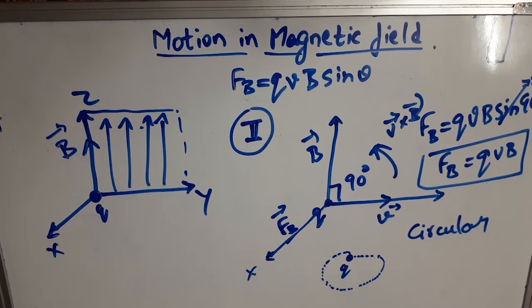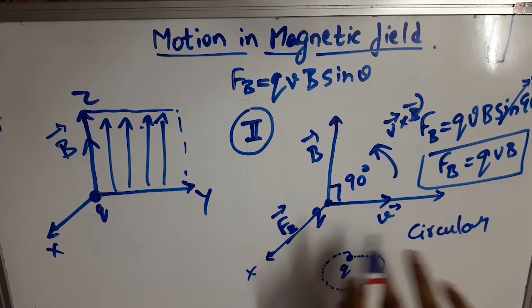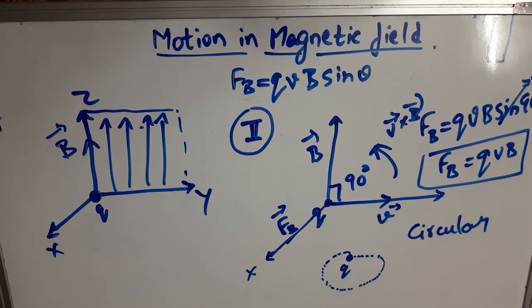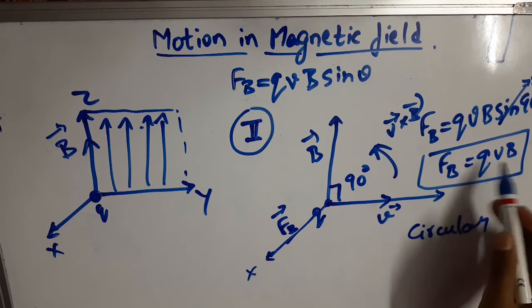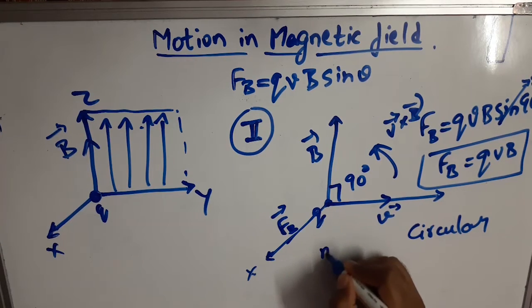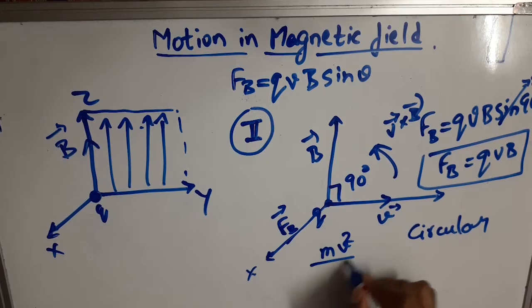Now if we need to figure out the radius of the circle described by the path, we know that the particle moves in circular motion because the centripetal force balances this force. The centripetal force is given by mv squared by r.